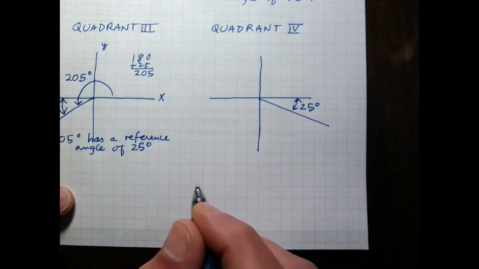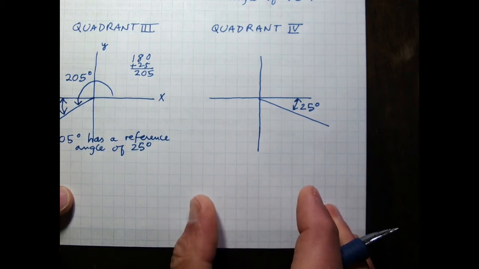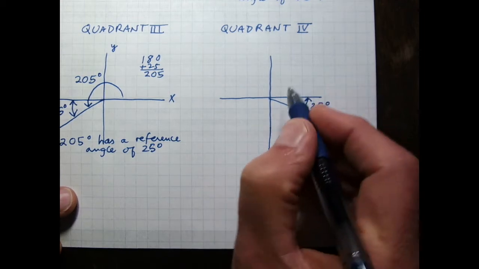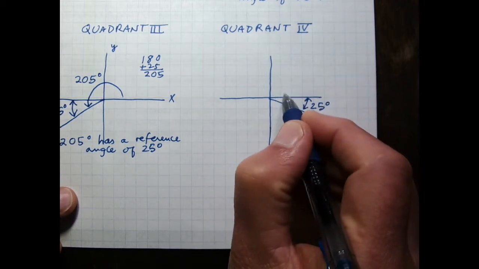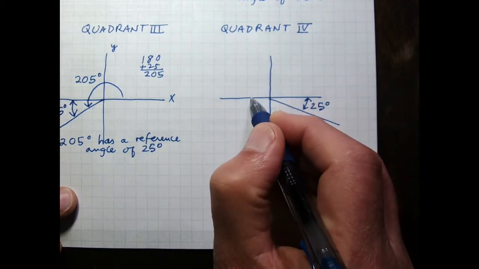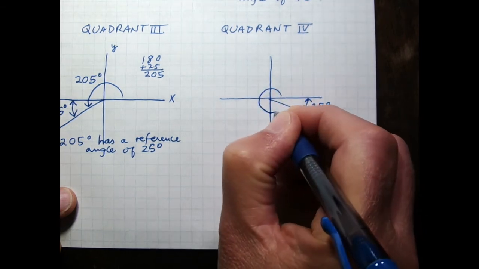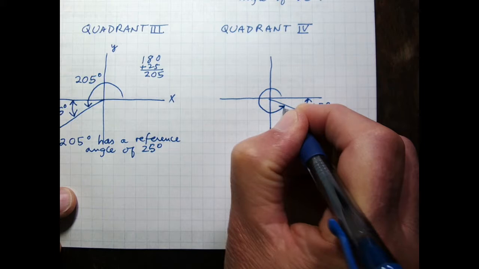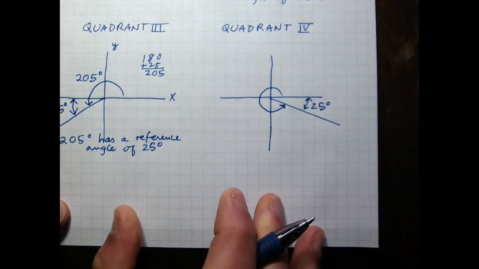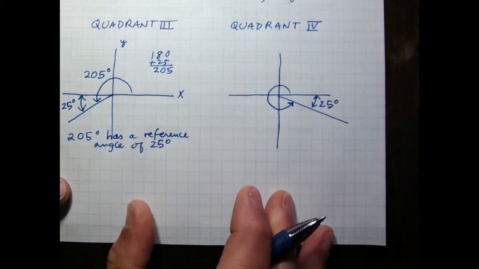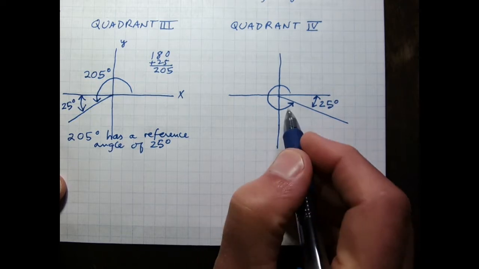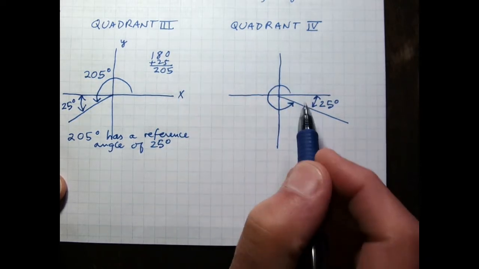Now the angle we want is between 0 and 360. Again, it's got to start at the positive x. We've got to rotate in a positive way around until we get to this terminal side right here. So that's the angle we're trying to describe. And now the way we get it is a little bit different from what we've done in previous quadrants, right?